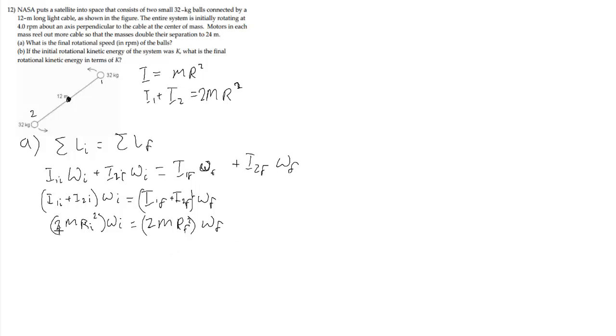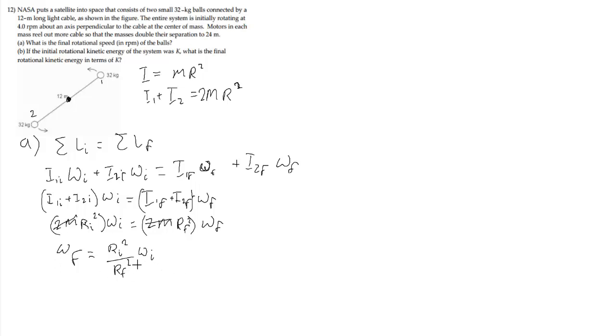If you're clever, you realize that these two m's are going to cancel out on both sides since the mass doesn't change, and we can find that our omega final is simply going to be a ratio of the two radii. So we've got our omega final is equal to r initial squared over r final squared times omega initial.